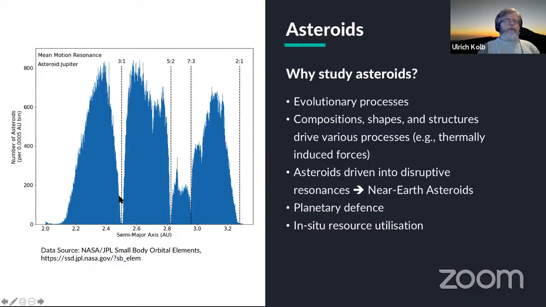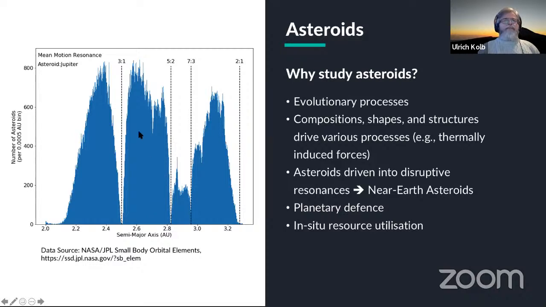However, there are these very pronounced gaps in the distribution, and these are resonance gaps between the orbits at these semi-major axes and Jupiter. Essentially, asteroids which find themselves at these gap semi-major axes will eventually be perturbed in such a way that they change their orbit to come closer to the sun, become more elliptic, and transfer into what is then called a near-Earth asteroid.